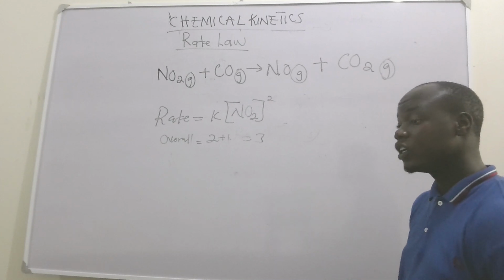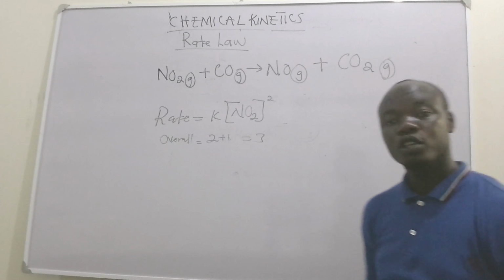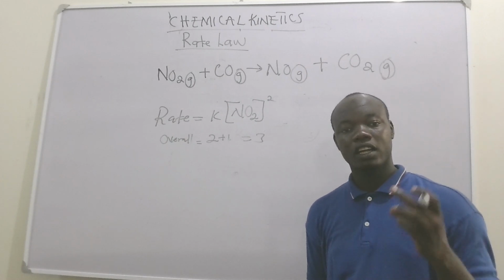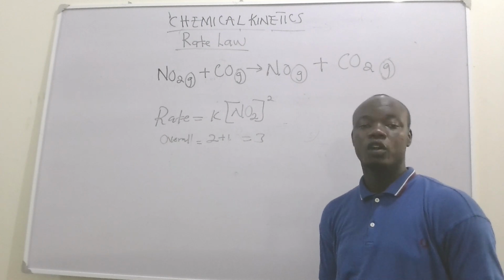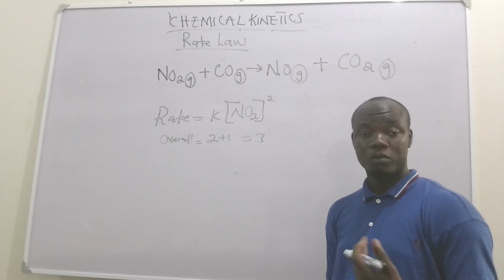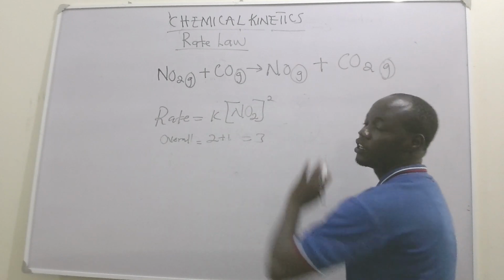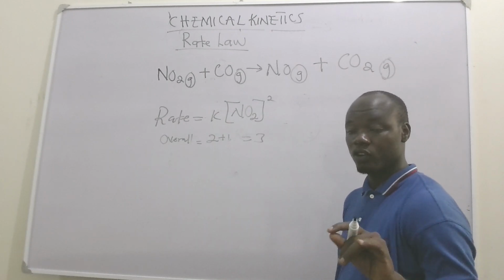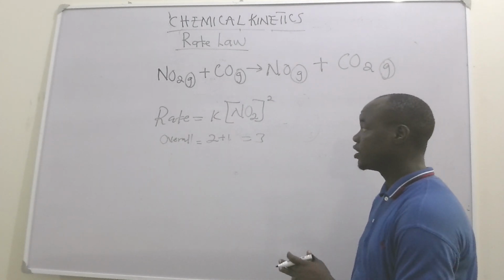That is what the rate law is trying to tell us. It's just trying to give us the relationship between the rate of the reaction and the concentration of the reacting particles. And of course, in the rate law, we have a constant which is k, and the constant is called the rate constant.